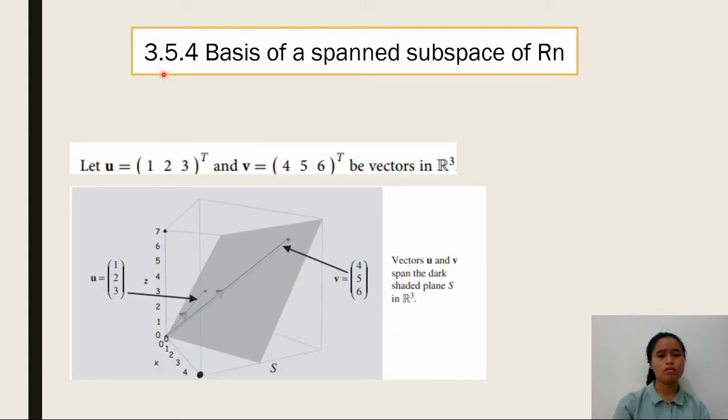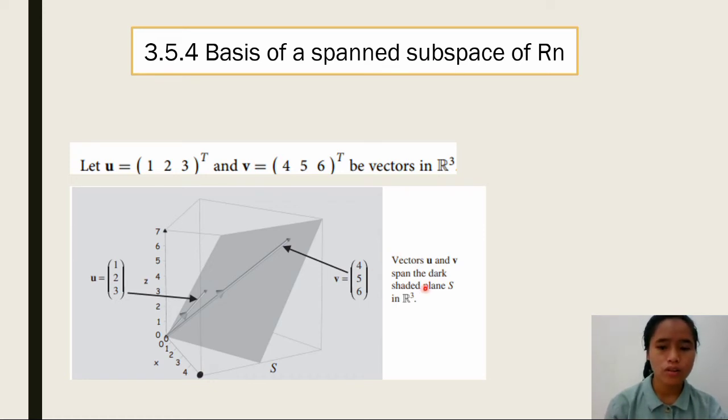Okay, 3.5.4, basis of a spanning set of Rn. We have U and V, vectors in R3. This is an application in R3: U transpose and V transpose, where U is 1, 2, 3 and V is 4, 5, 6.